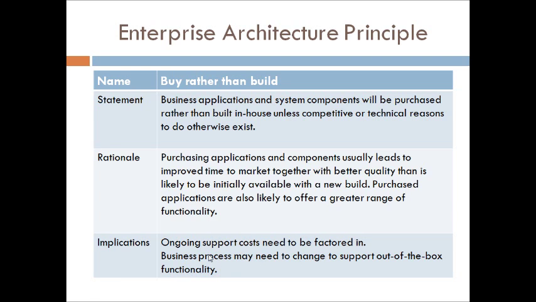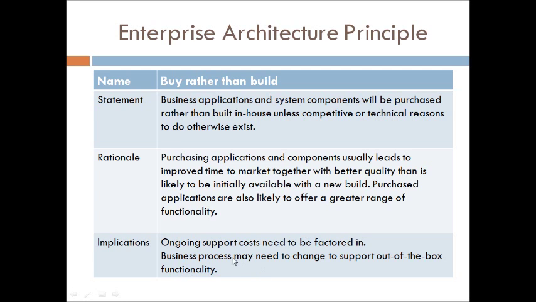One is that ongoing support costs need to be factored in. That means you consider not only the cost of the product, you also consider its support costs like annual maintenance charges, etc. The other one says business process may need to change to support out-of-the-box functionality.